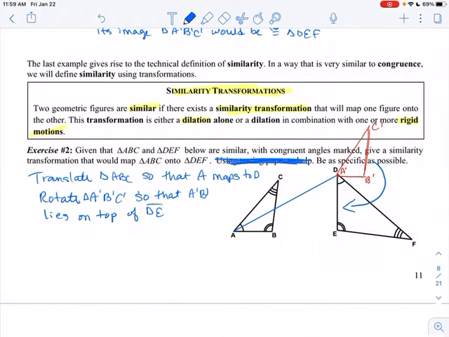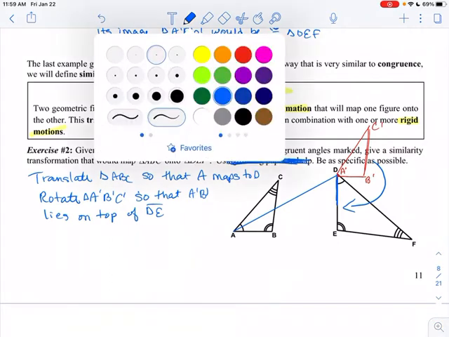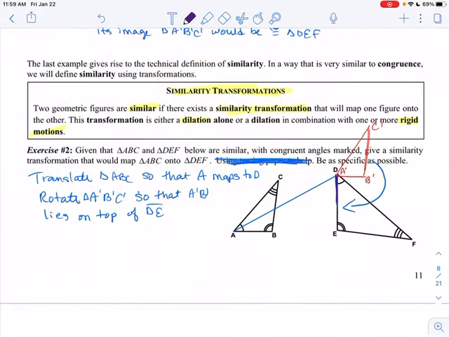All right, so I'm going to rotate it, and now it's going to be down here so that A prime, B prime is going to grab a different color. A prime, B prime is now going to be here. A prime, B prime, okay? And there is my C.